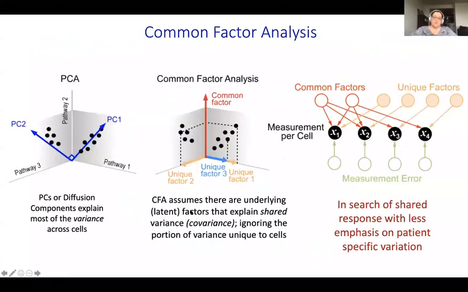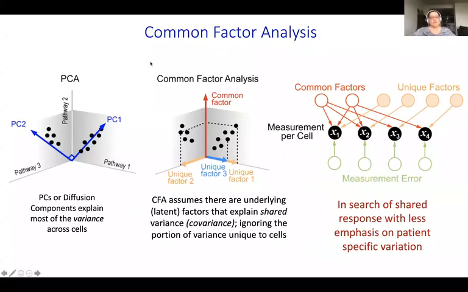And so, here's where Elham had a great idea, and she said, well, there's so many patient-specific factors. There are so many strong biological processes that dominate everything else. Can we find some common factors that explain a lot of the variation in the cells?